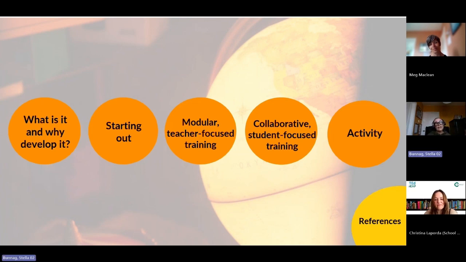And then finally, we'll move on to myself, and I'll talk about two approaches that we've taken with the intercultural communication teacher training we've done at Nottingham Trent University, university-wide with some of our lecturers there. So without further ado, I'll hand over to Christina, who's going to give us some background to intercultural communication training.